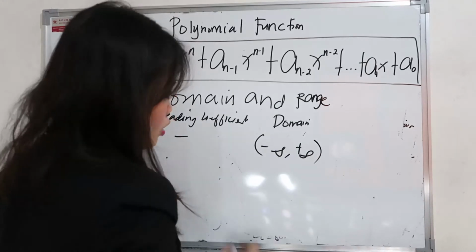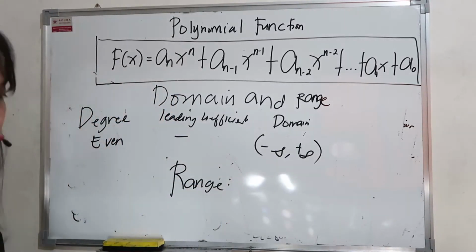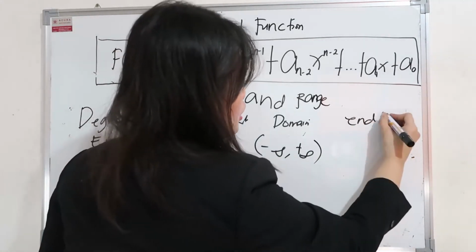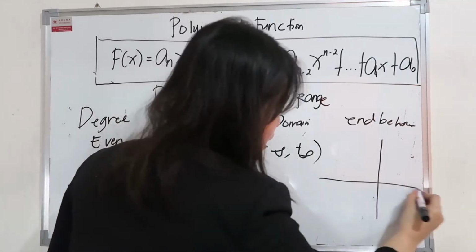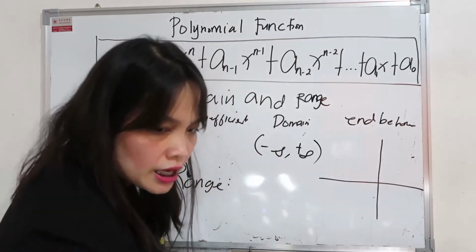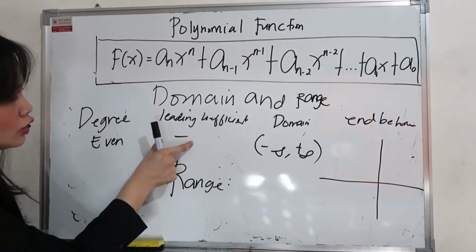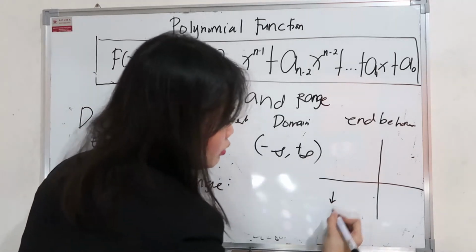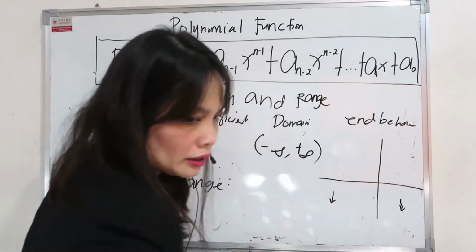What about the range? To determine the range, we need to come up with your end behavior. What is end behavior? Referring to the starting and ending point of the graph. So degree is even and the leading coefficient is negative. So it starts where? Third quadrant going to the fourth quadrant. Just like this.